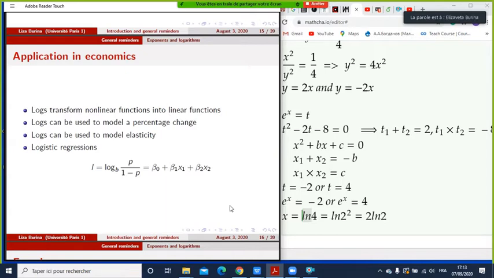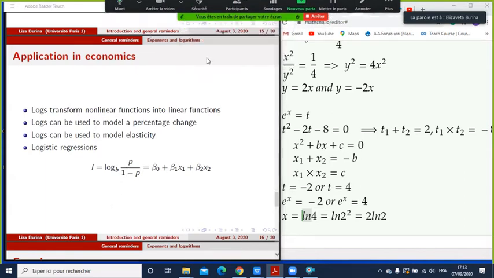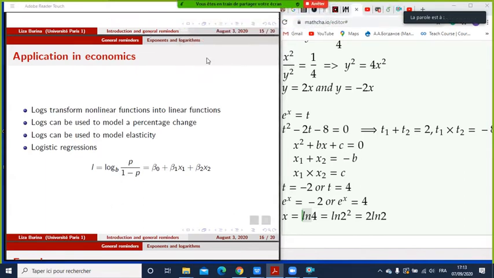Logs can be used to model a percentage change. This is going to be in a regression, the first presentation of econometrics, you're going to see that. Then elasticity, you're going to see that again. And the logistic regressions, somewhere in the middle of the econometrics course, you're going to have it as one of the ways to model probability.